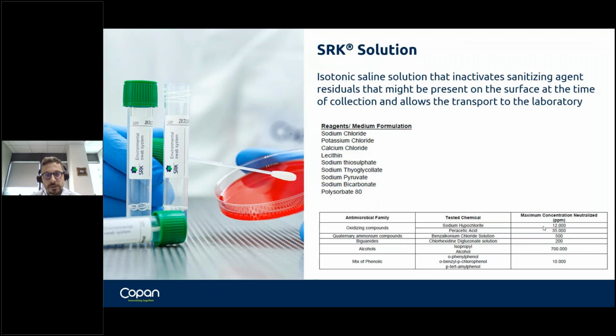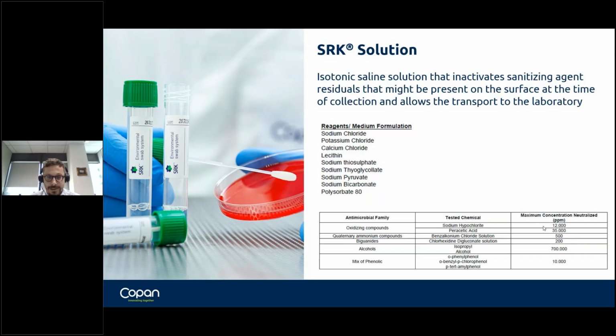It also contains molecules like sodium thiosulfate and sodium thioglycolate, which are able to preserve not only the aerobic flora, but also the anaerobic flora that can be extremely dangerous in certain circumstances, like pharma production or clinical environmental testing.